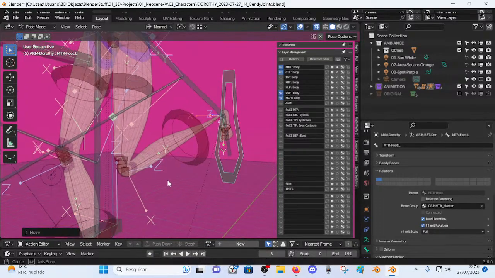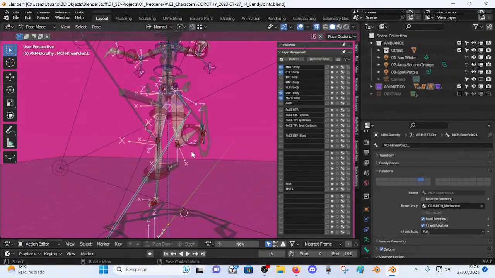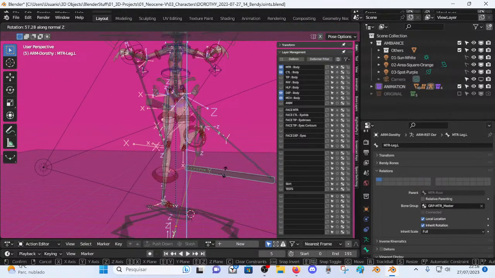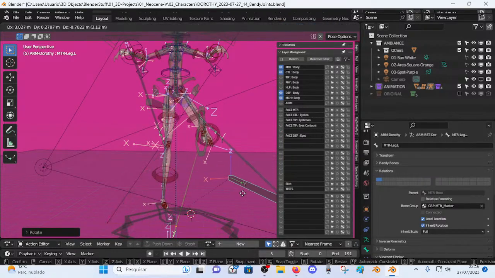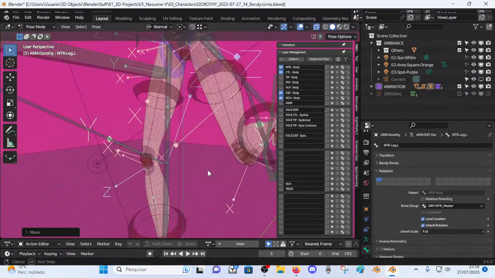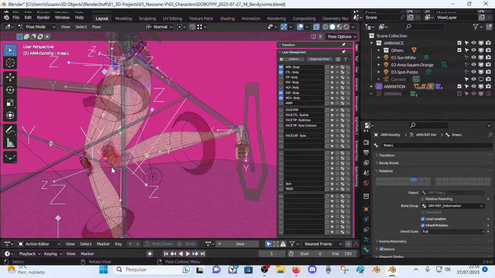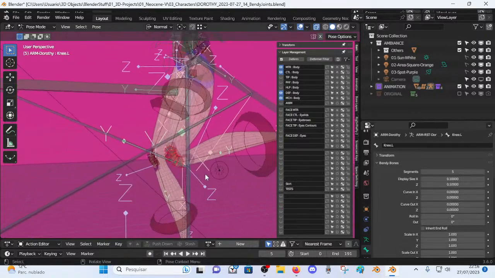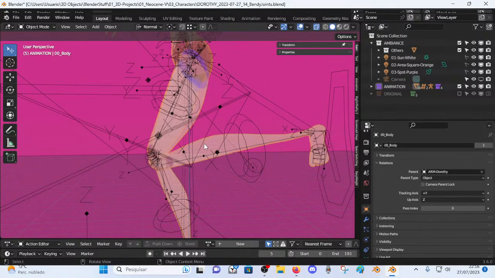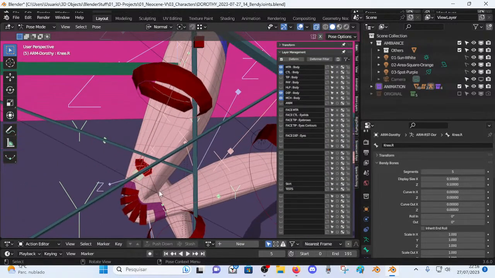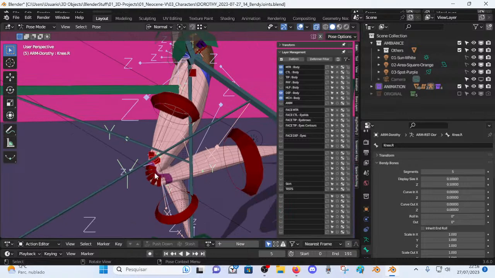If I turn off, first I have to fix my contraption here. No, I'm rotating wrongly. All right, that's it. Okay, so here it is. If I take off the segments, so currently we have these deforms, but let's do this and go back here. Okay, not too bad, actually, interesting deforms.